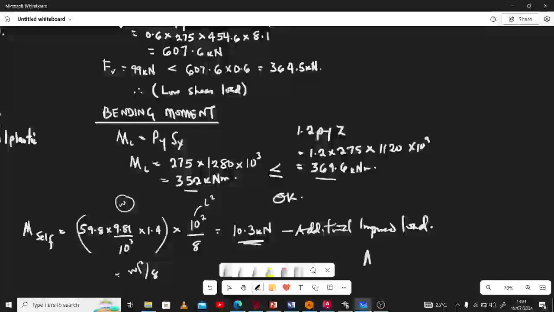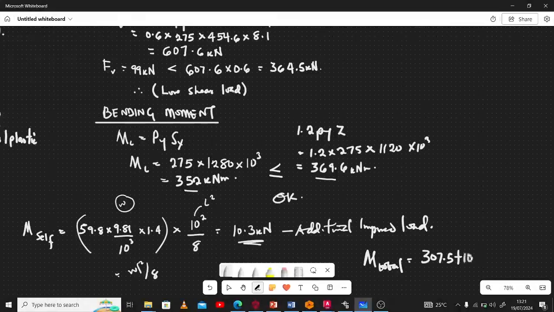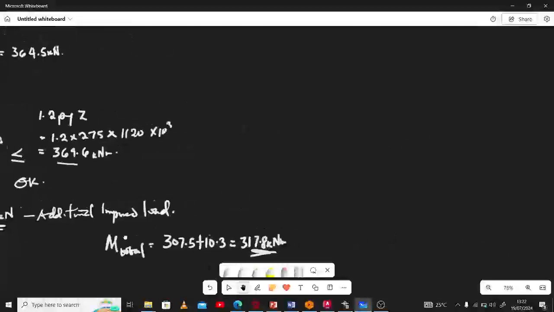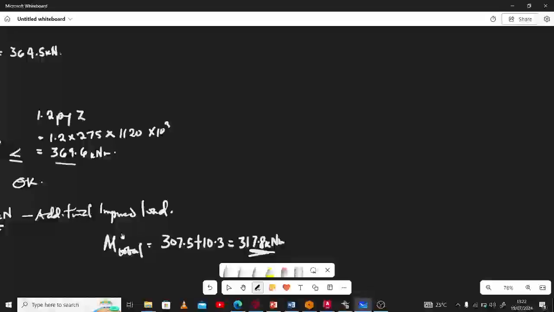So total moment, we call that M total, will be 307.5 plus 10.3, which will give us 317.8 kilonewton meters. Now we're comparing this with our moment capacity, and if it passes, then we're good. If not, we'll select another section that will be suitable for this.